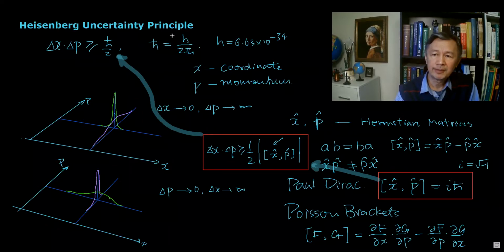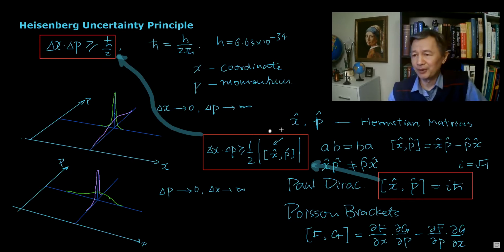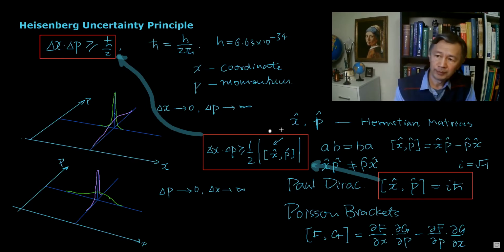I hope this explanation gives you some new insight into what we call the uncertainty principle. There is no uncertainty when we use quantum mechanics. The only difference is that we can use either the coordinate or the momentum to describe the motion, and that is where we depart from classical mechanics.